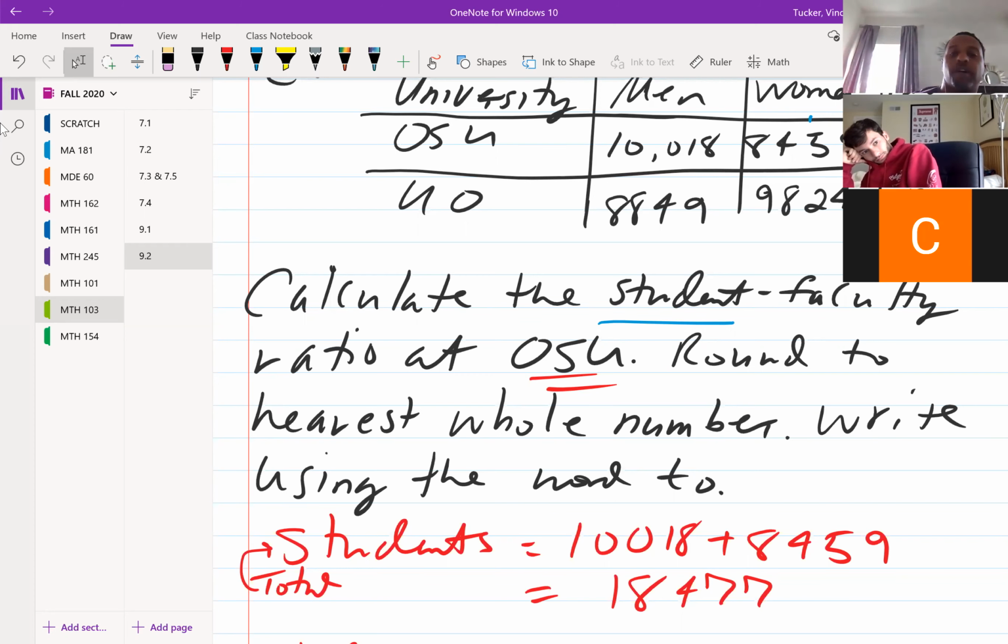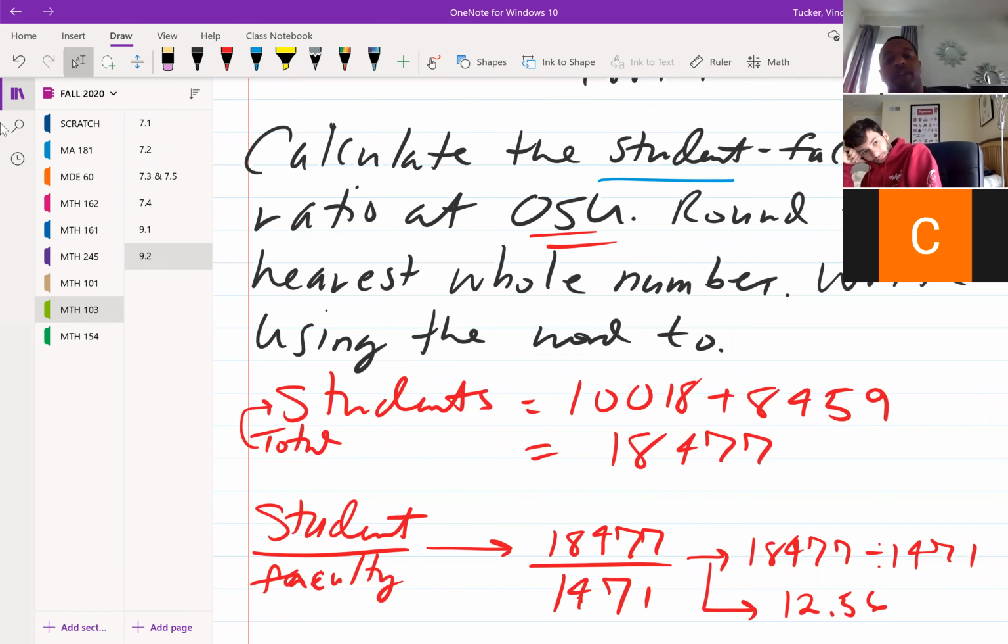So now we have the total number of students. We have the number of faculty. So if you're trying to find the student to faculty ratio, you take the total number of students, place it over the number of faculty. And we want to know how many students per faculty member or per one faculty. So we go ahead and divide the 1471 into the 18,477.